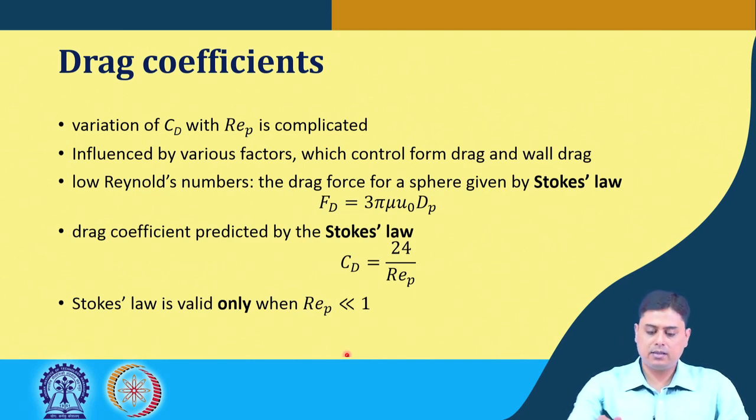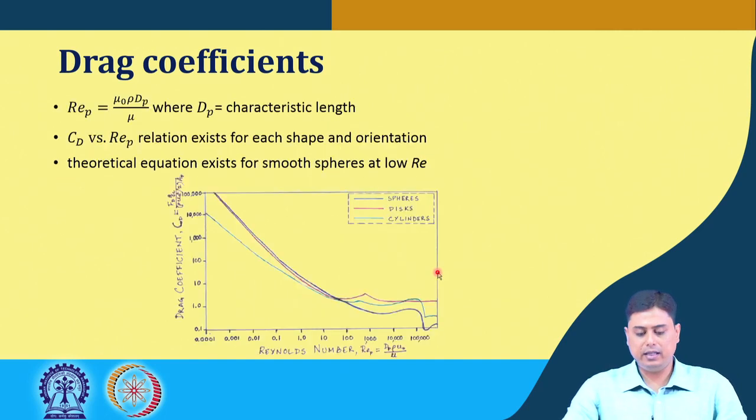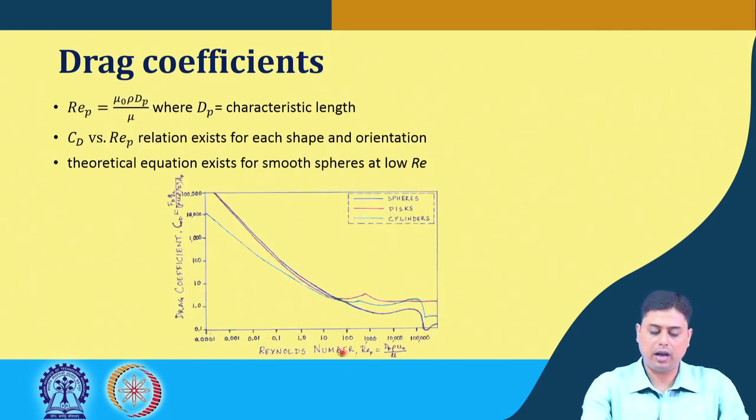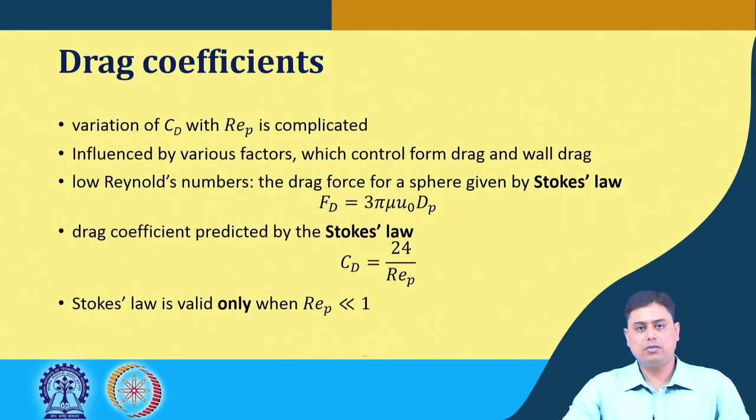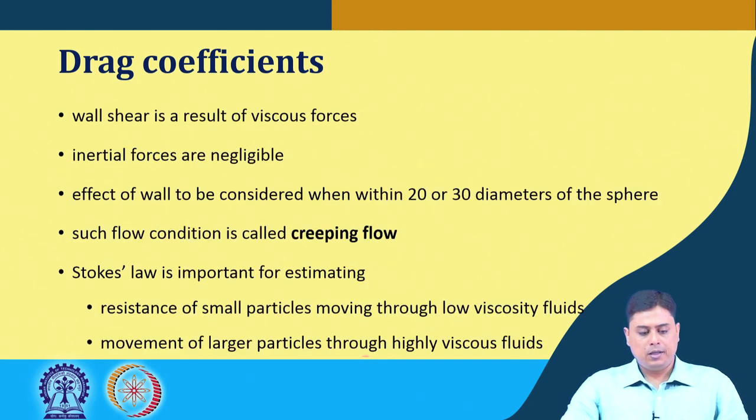That means for these two relations, FD and CD, if we go back to this graph, we can see that below 1 these scenarios happen and those equations can be used, but beyond 1 Stokes law is typically not applicable and gives a different value, which will create a design problem for your case.